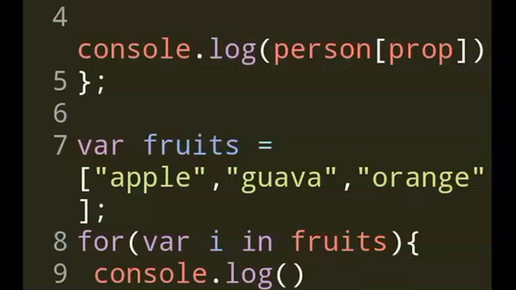Console log. What is the name of the object? Array fruits. And what do I want to access? The I. Here I, because if I access the I value, that is the index, then I can basically extract all the items.